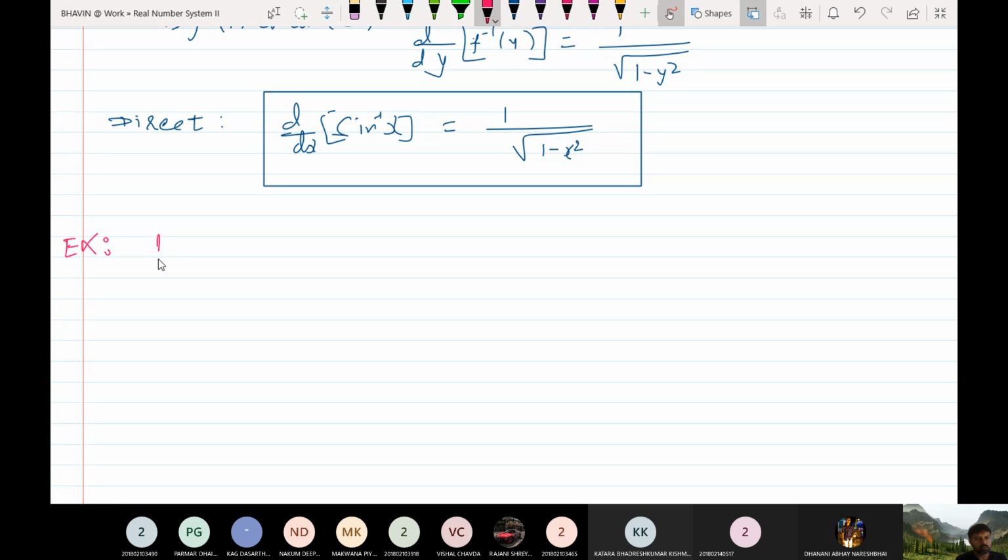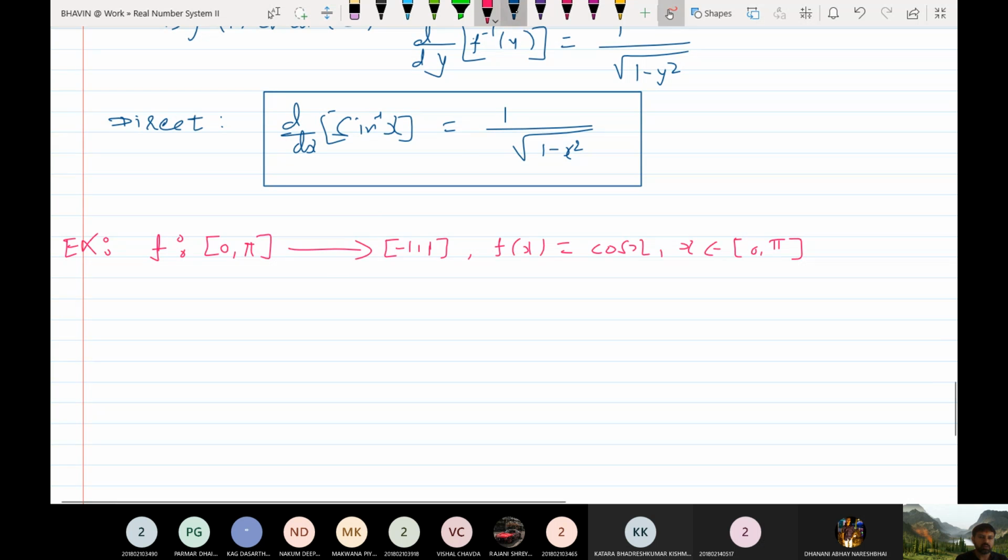Cos, let me take f from 0 to pi to -1 to 1, and the definition of this function is f x equal to cos x, where x belongs to 0 to pi.